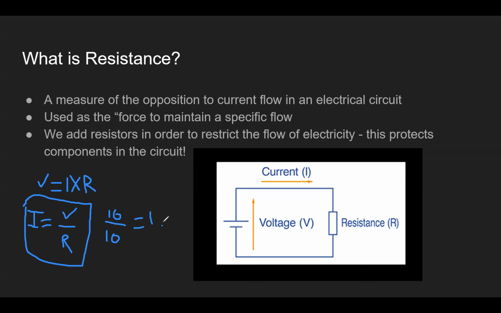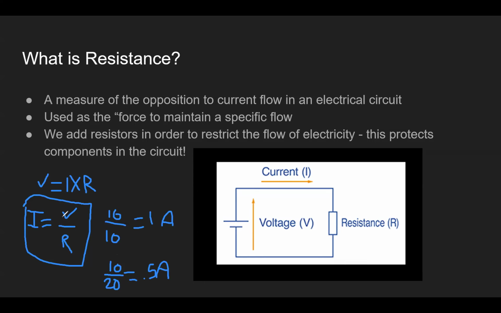But if we increase our resistance to, let's say, 20, our resistance increased twice as much, and our current decreased by half. So again, these two terms are inversely related.